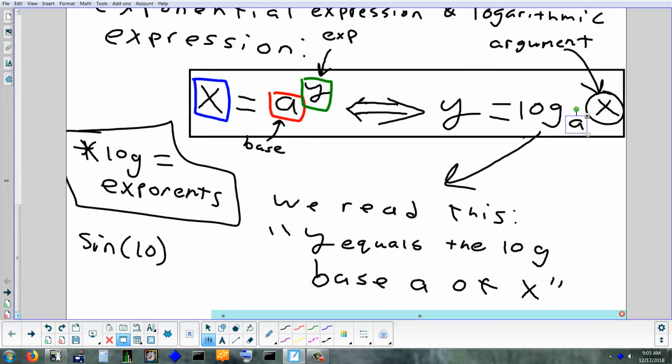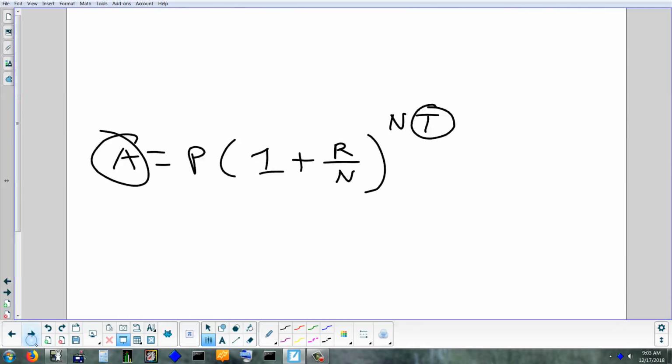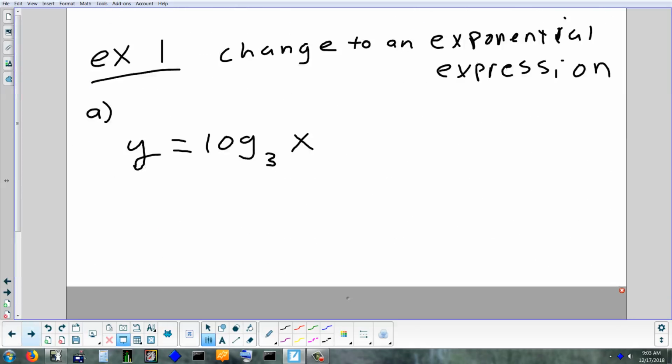We read this: y equals the log base a of x, except you change a to whatever the number is in your problem, and you change x to whatever the number is. How about now? Y equals log base 3 of x.